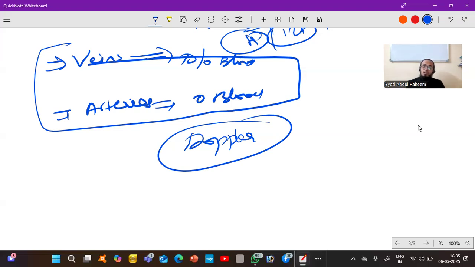All these we will get in the Doppler study. Next we have angiography. You know angiography checks the arteries of the heart. So this is how you can check the veins and arteries of the body.